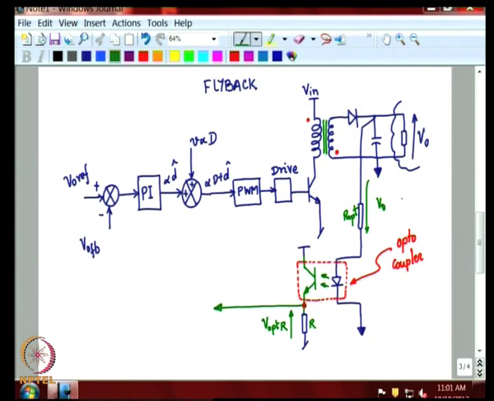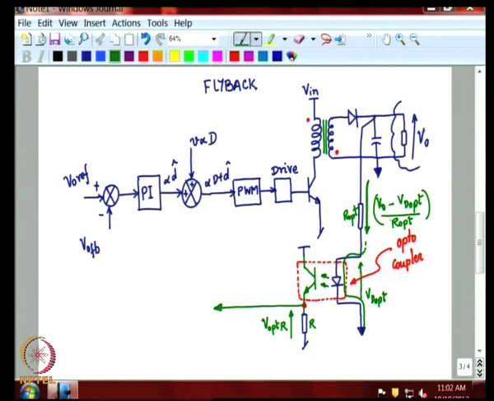So, it will be V naught minus, if this is VD opt, VD opt divided by R opt will be the current that is flowing through in this resistance through the primary to this virtual ground at the output, which actually comes back here, completes the circuit. So, this is how it would be going.